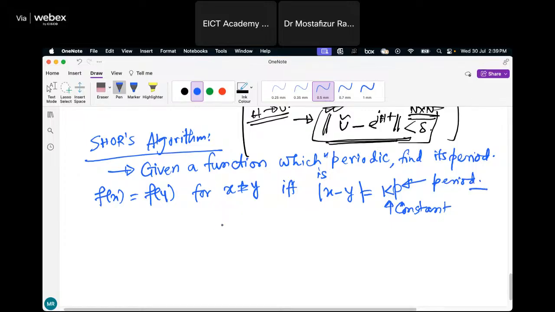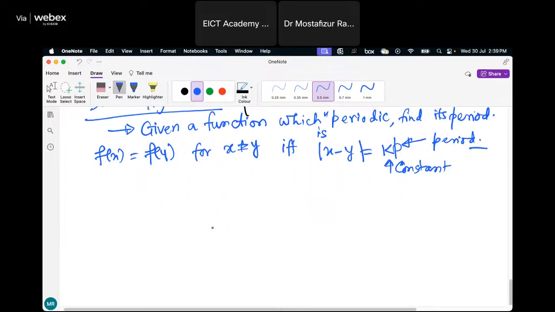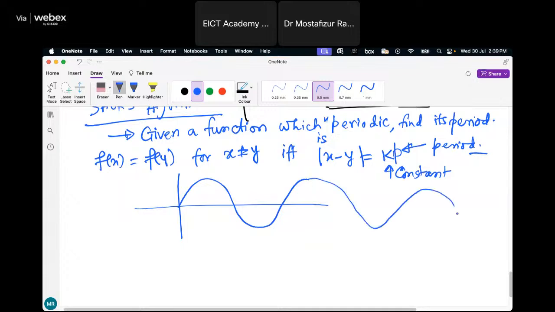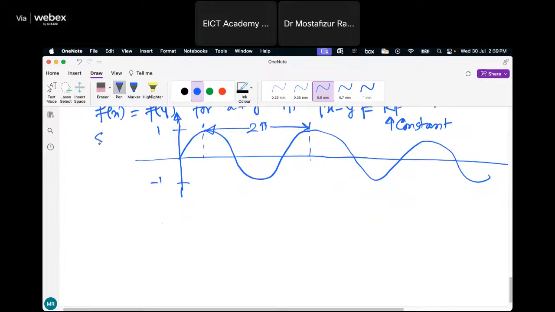For example, from our childhood we have seen sinusoidal, cosinusoidal things, right? For example, the sine wave varies like this. This is a very bad drawing, please bear with me. We know that taking any peak and the distance in between, 2 pi is the period of the sinusoid, right? And the amplitude of the signal varies between -1 and +1.